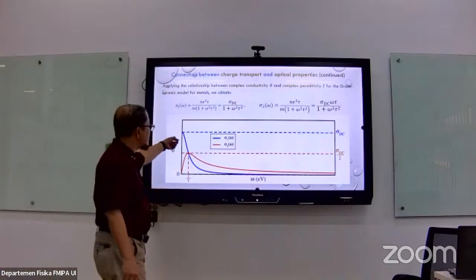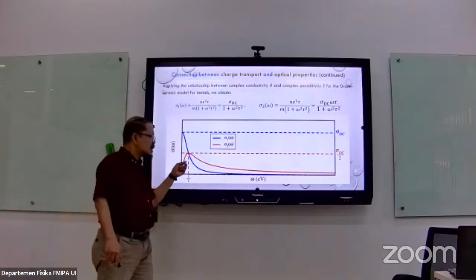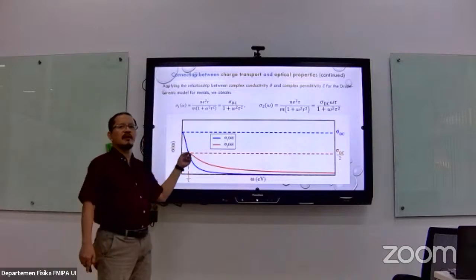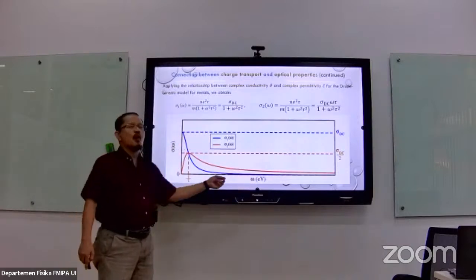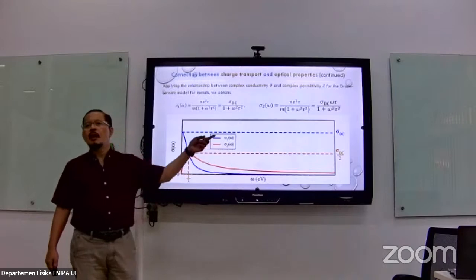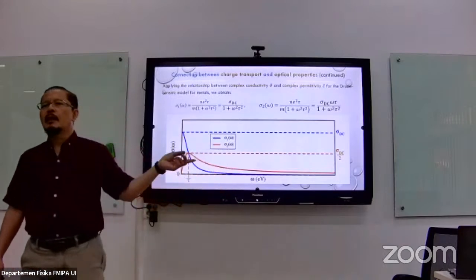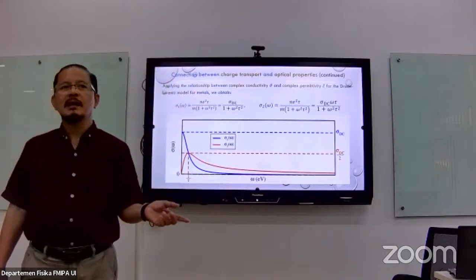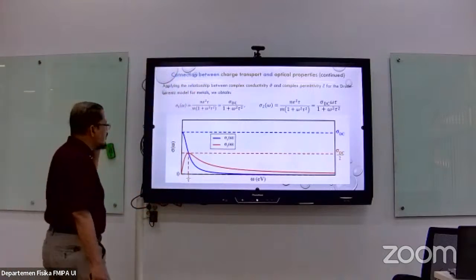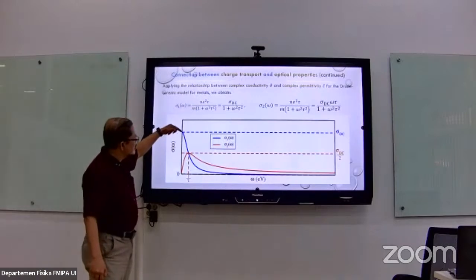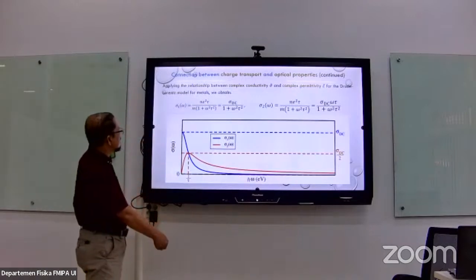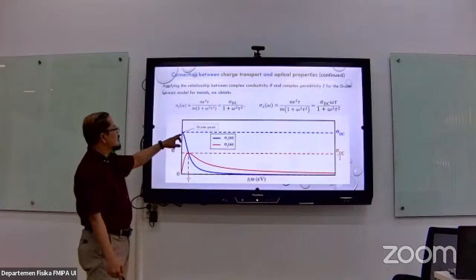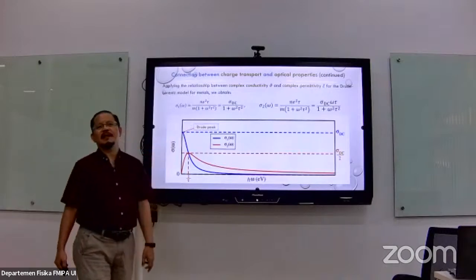As you remember, this shows you the optical conductivity profile of a metal obtained using the Drude model. As a characteristic of a metal, it has what is called the Drude peak.